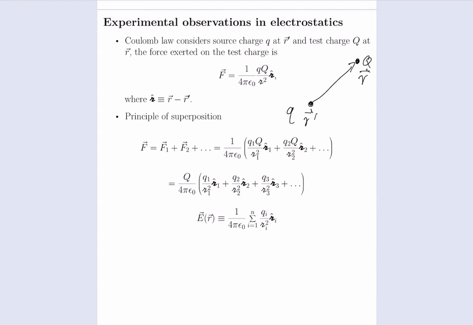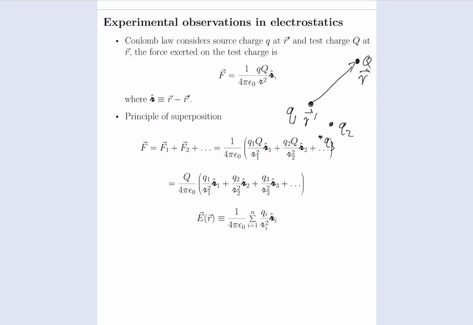And what the principle of superposition says is that the force on the test charge can be simply found if you sum all these forces from all the source charges. Say there is Q1 at this position, there is another Q2, Q3. How to get the total force is simply by summation.